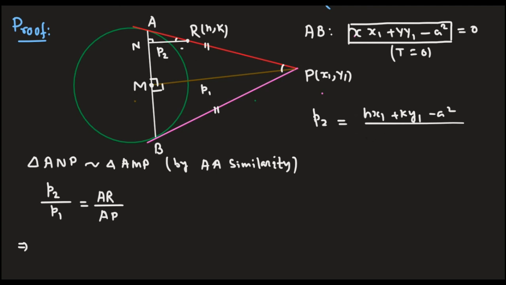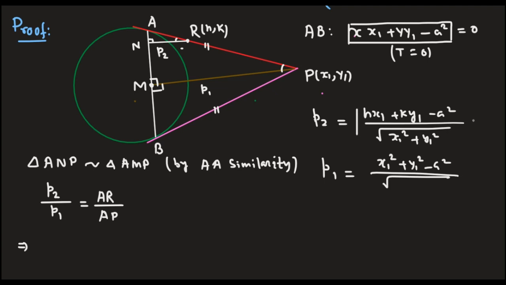So here we have root over x1 square plus y1 square. For P1, the point is x1 y1, so we substitute: x1 into x1, y1 into y1, square minus a square, and we have to take the modulus also, divided by root over x1 square plus y1 square.